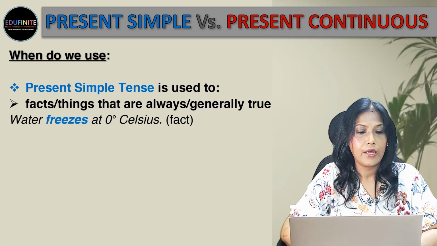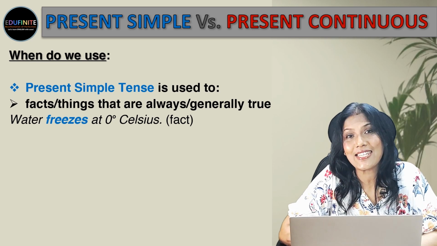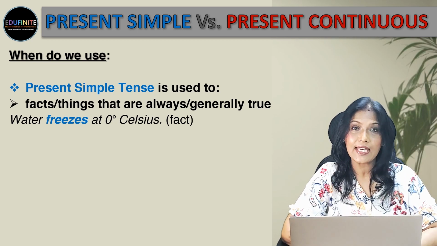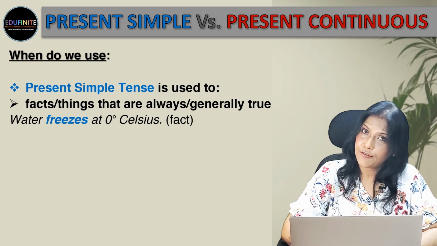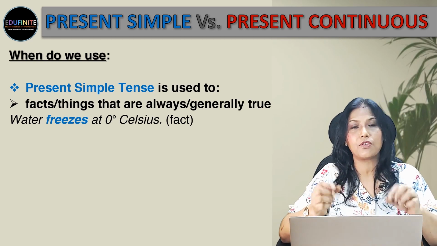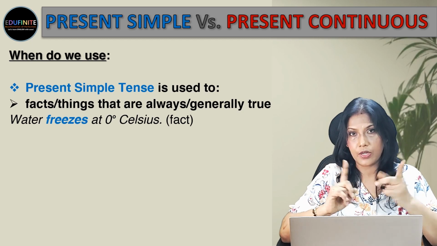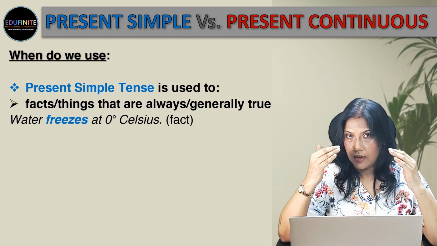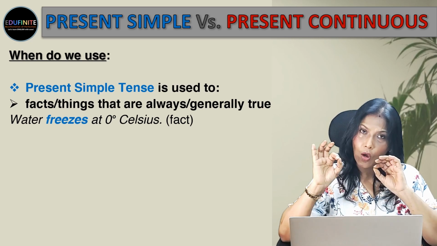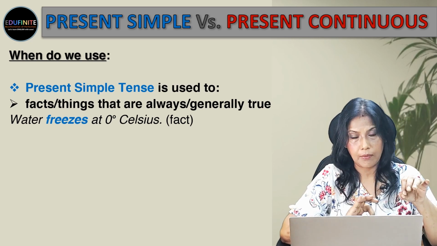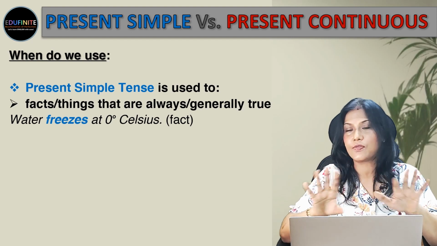Okay. So water freezes at 0 degrees Celsius. So what is this? This is a fact. This is true. Every time, whenever you see water freezing, it will be 0 degrees Celsius. If it's less than 0 degrees Celsius, fine. But at 0 degrees Celsius, water will start freezing. But if it's above 0 degrees Celsius, it will not freeze.